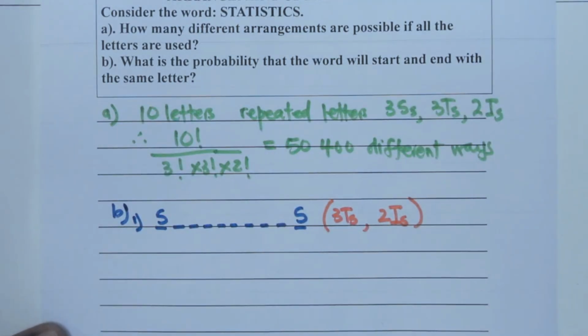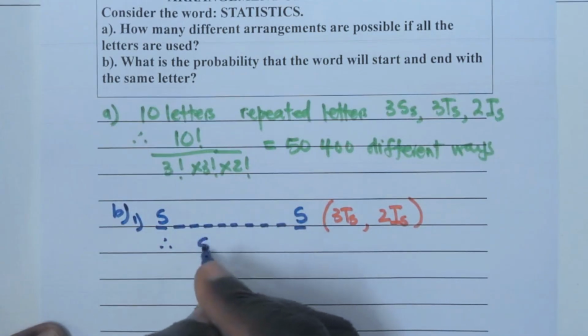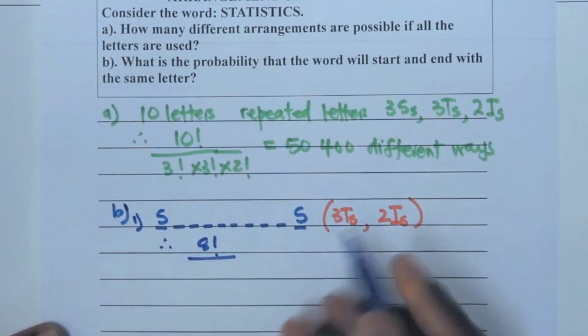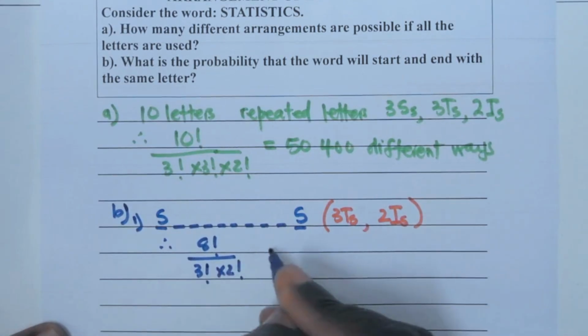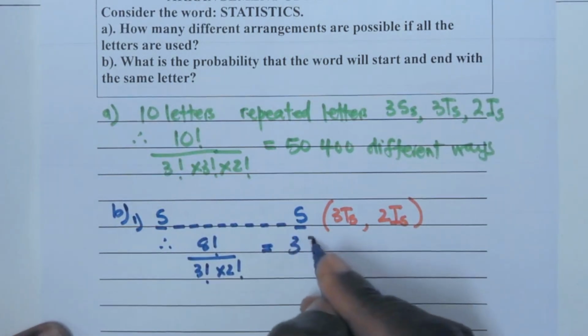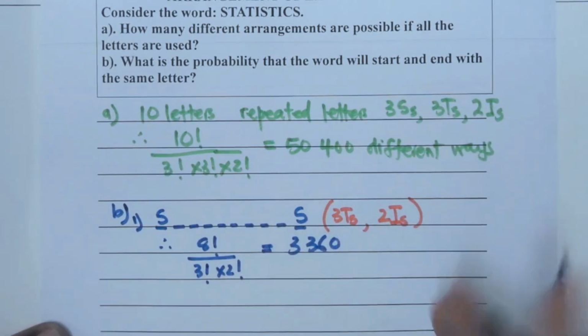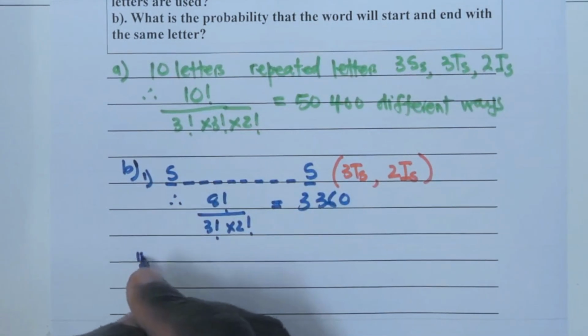Therefore, if I simplify here, I'm going to get 8 factorial divided by 3 factorial times 2 factorial, and this simplifies to 3,360 different ways.